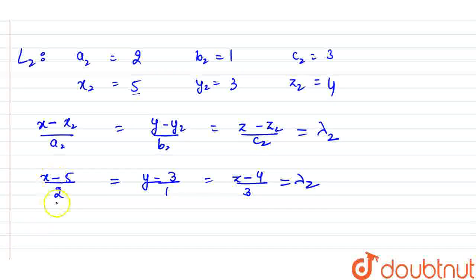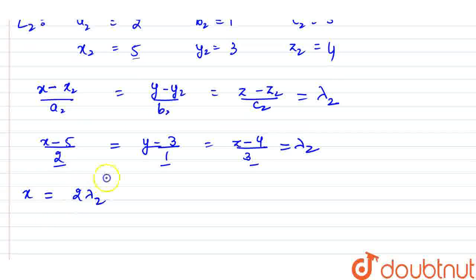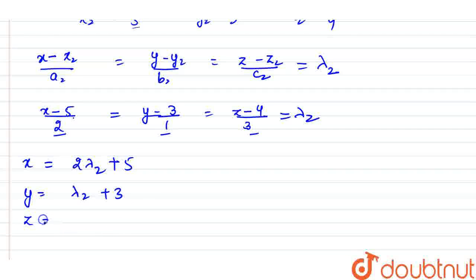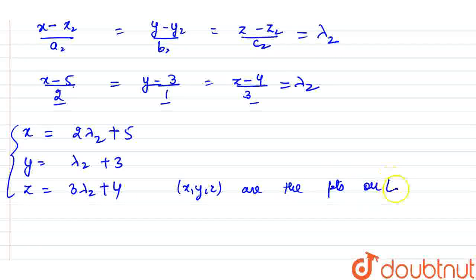If we equate each term with lambda 2, we get x equals 2 lambda 2 plus 5, y equals lambda 2 plus 3, and z equals 3 lambda 2 plus 4. These x, y, z are the points on the L2 line.